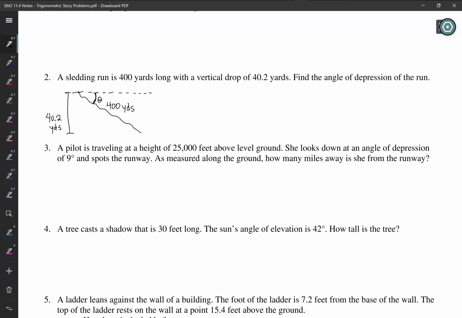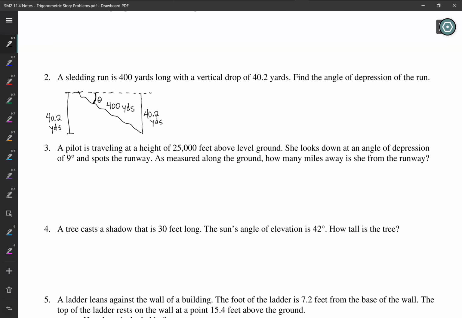So there are a couple ways we can go about this. One way we can think about it is that the 40.2 yards we could draw over here, just as well as we can draw it on the other side.